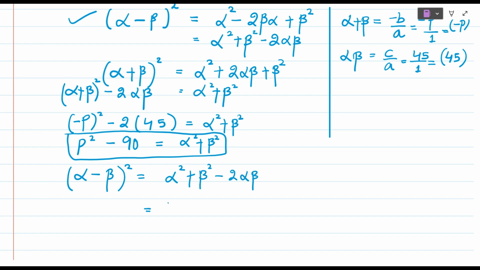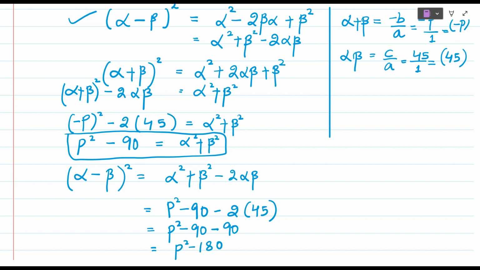That is p square minus 90, minus 2 into alpha beta. How much? 45. Clear, students? That is equal to p square minus 90 minus 45 into 2, which is 90. That is equal to p square minus 180.